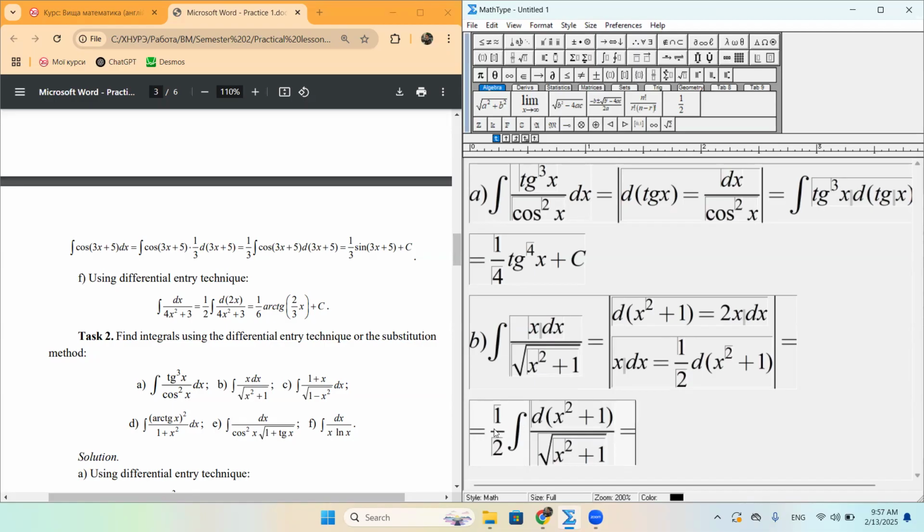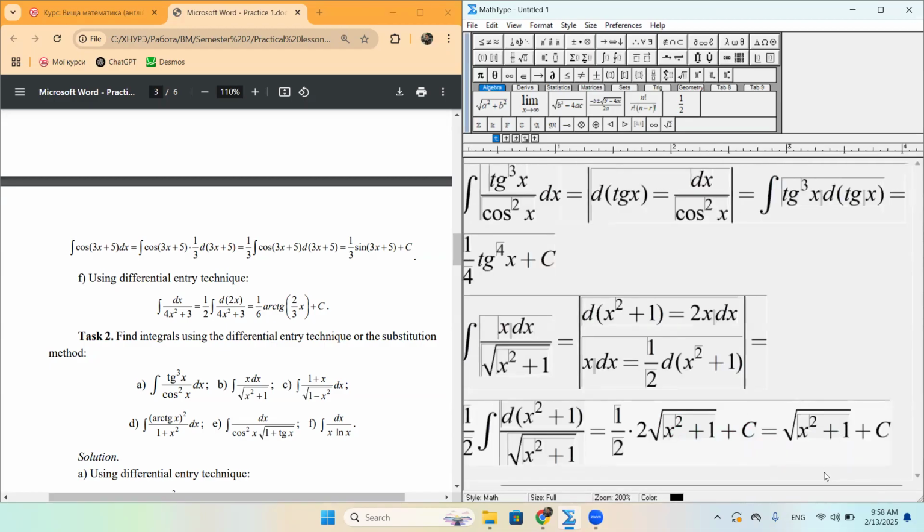So 1 second multiplied by 2 of these square roots plus c. And I can just cancel fractions, I can simplify, and what will I receive? Any questions about this task?